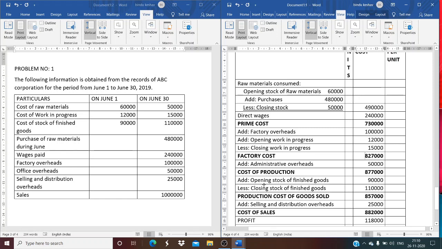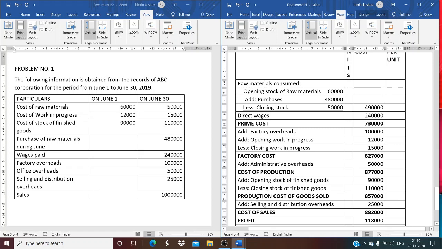Now we have to adjust the finished goods. Last month's remaining finished goods, 90,000, that is the opening stock of finished goods, we have to include it this month. Add opening stock of finished goods rupees 90,000, less closing stock of finished goods. This month 1,10,000 will be remaining. We are not selling it immediately. So closing stock of finished goods, the cost is 1,10,000.